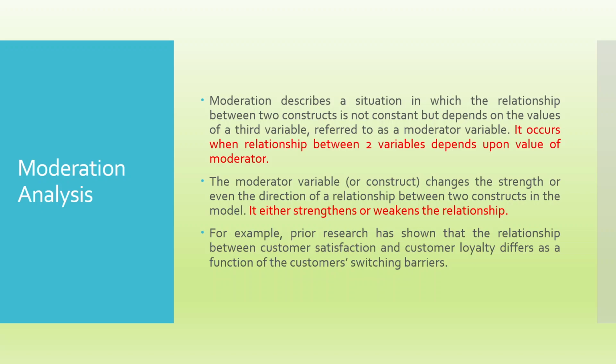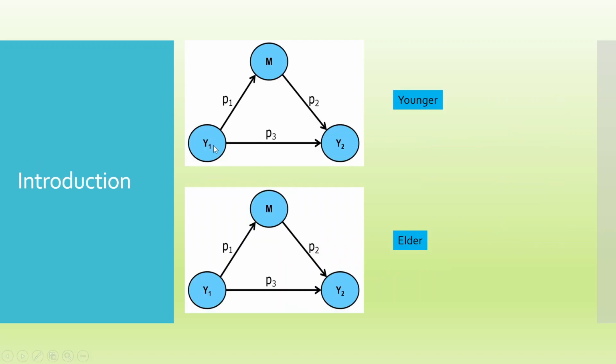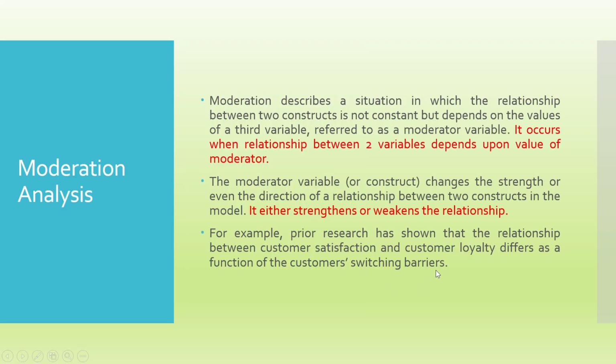It occurs when the relationship between two variables depends upon the value of the moderator. See, Y1 can influence Y2. A younger child may be able to influence his father, but the elder child may not be able to influence, or he may not be able to convince his father for going on the picnic.